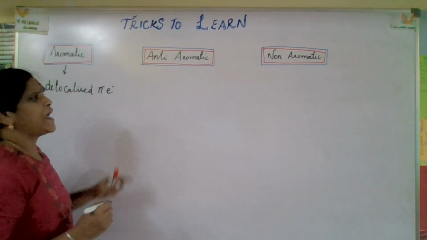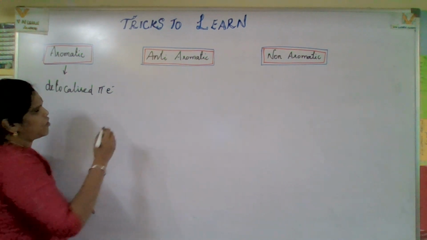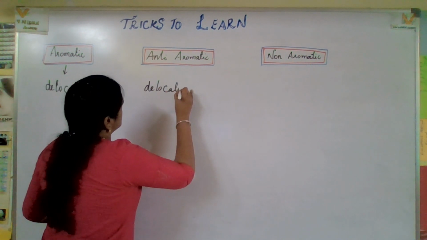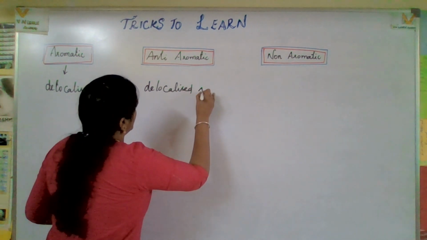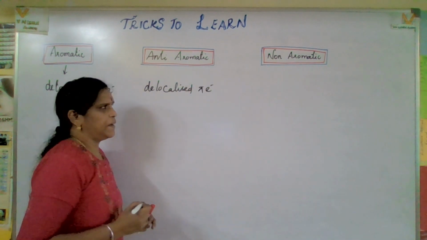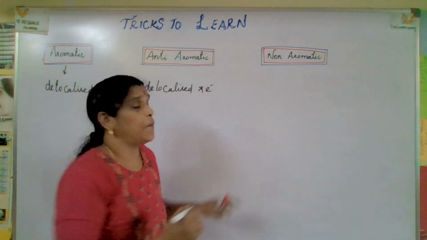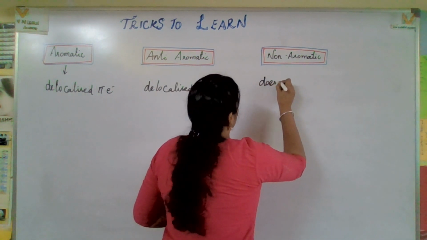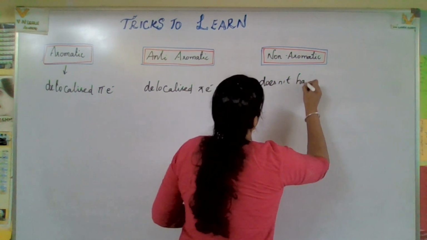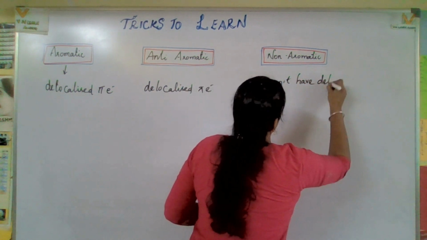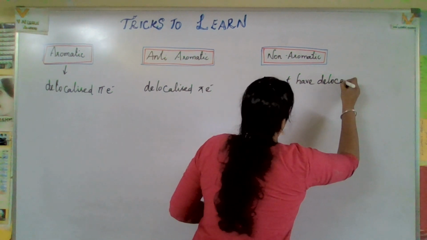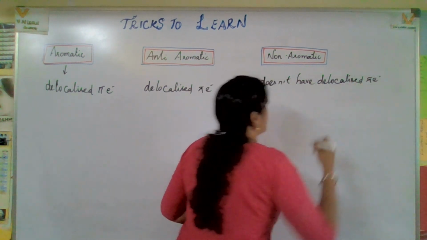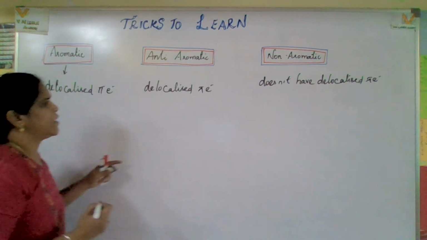In the same way, anti-aromatic also has delocalized pi electrons available, but non-aromatic doesn't have delocalized pi electrons. One by one, let us go and analyze.